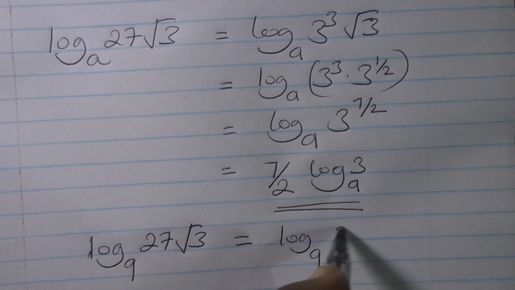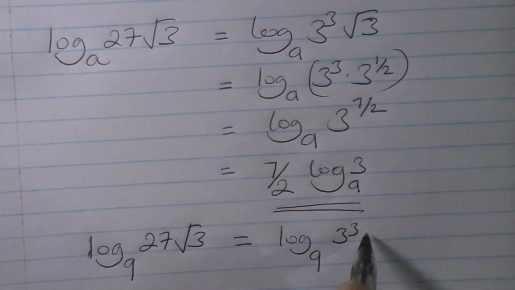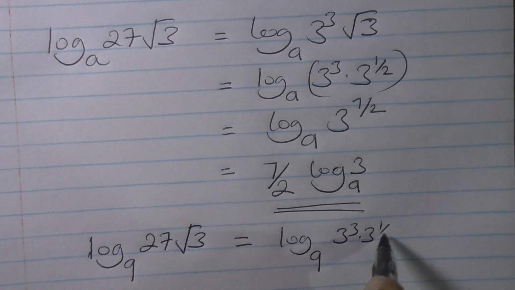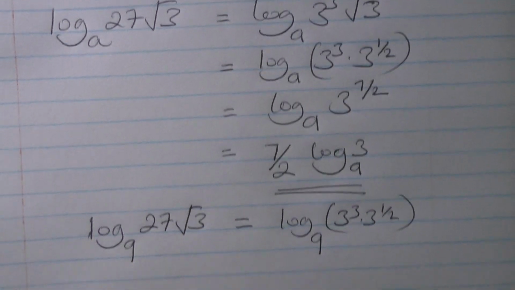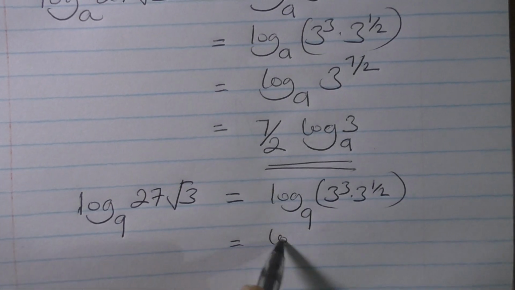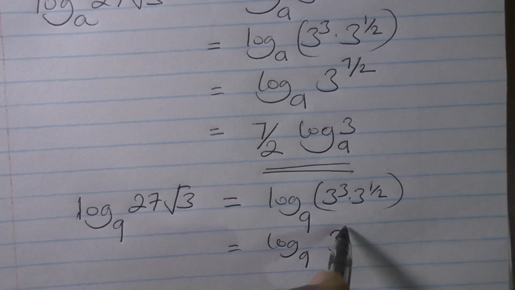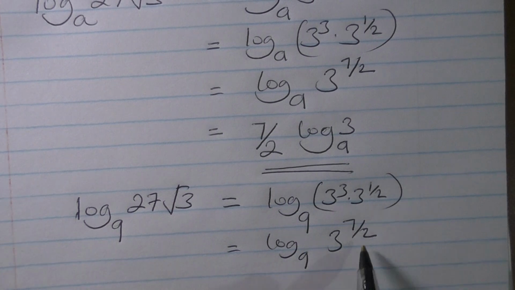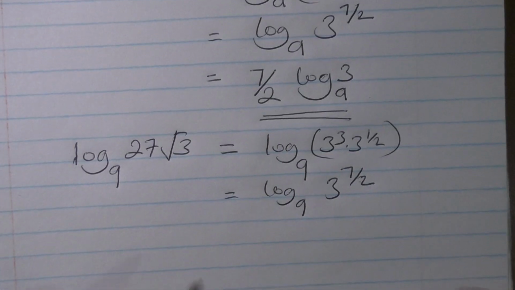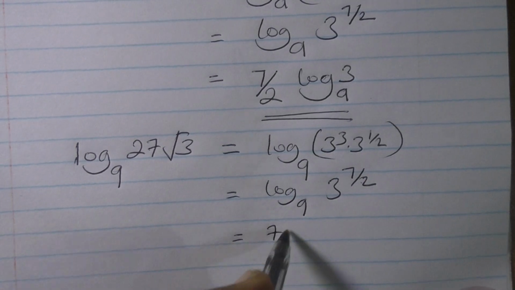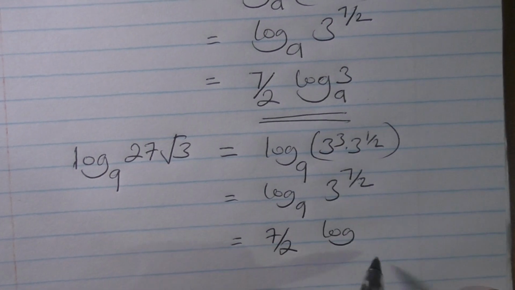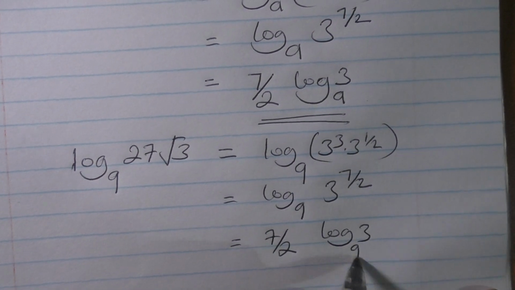We change this to 3 power 3, and also this is 3 power half, which is log 9, 3 power. When we add the powers, we get 7 over 2. This one goes down, we end up with 7 over 2 log 3, 9.